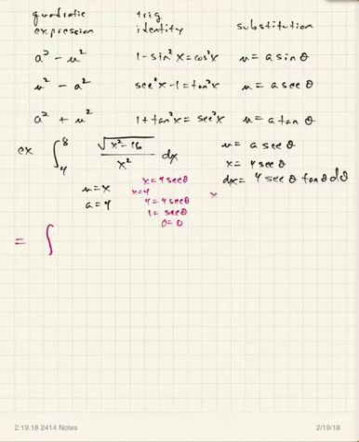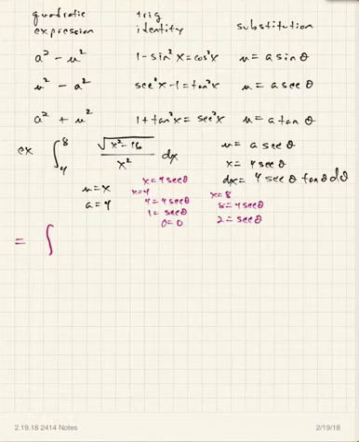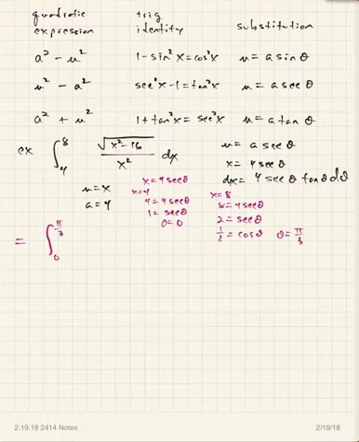And then when x is equal to 8, you have 8 equals 4 secant theta. So you have 2 is equal to secant theta. So secant theta is equal to 2 when cosine theta is equal to 1/2. And in quadrant 1, the cosine of theta would be equal to 1/2 when theta is equal to pi over 3. So our new limits of integration are going to go from 0 to pi over 3.